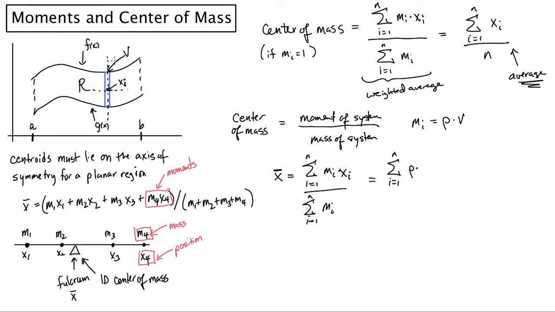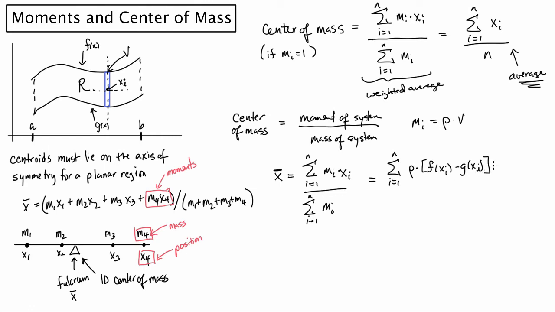Well, the volume of that piece is simply going to be the area of that piece times any sort of width that it might have. And so in this particular case, the height of that particular rectangle would be f of x i minus g of x i.